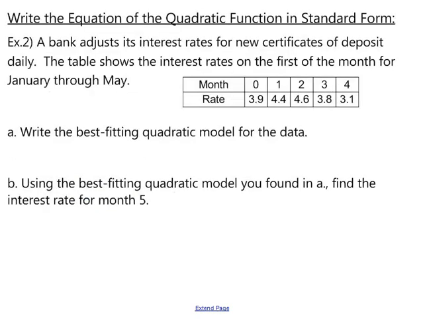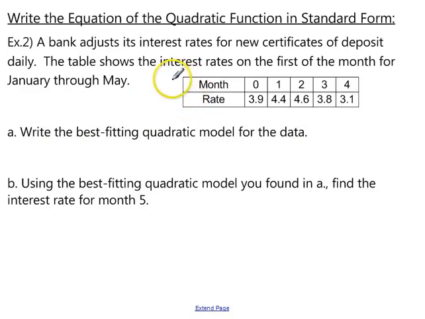Let's walk through one more example together. It says a bank adjusts its interest rates for new certificates of deposit daily. The table shows the interest rates on the first of the month for January through May. So it gives us the month and the rate.